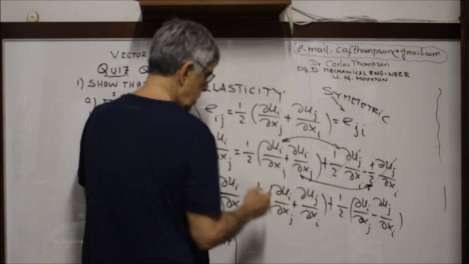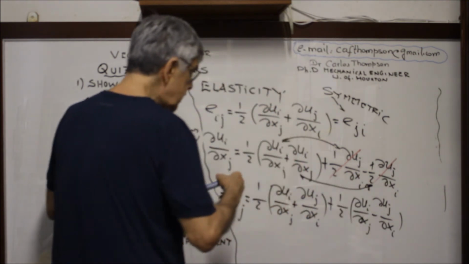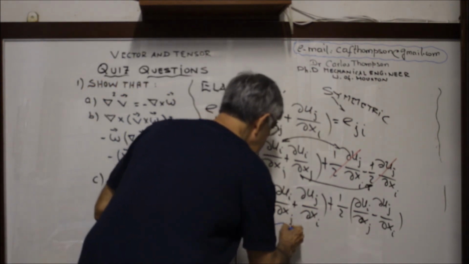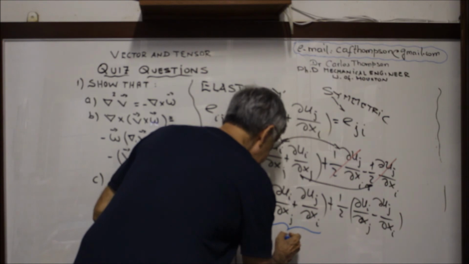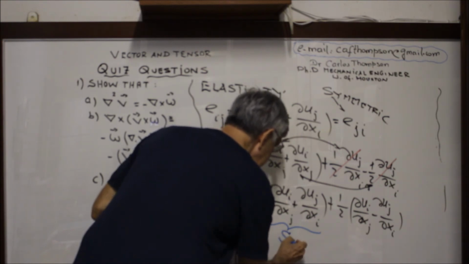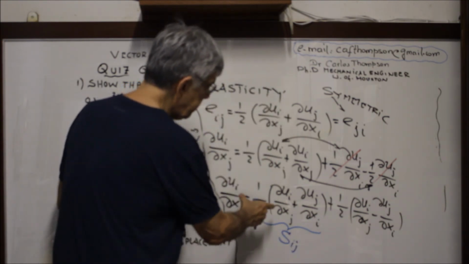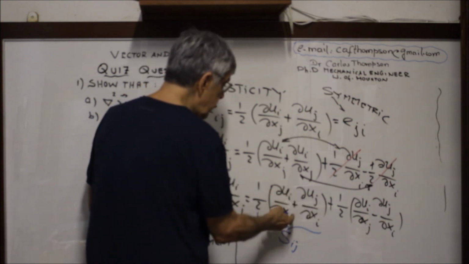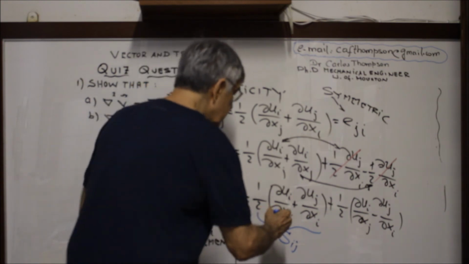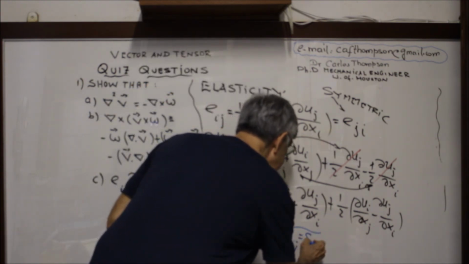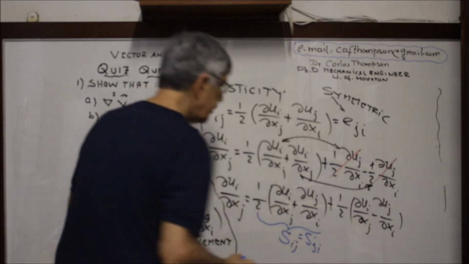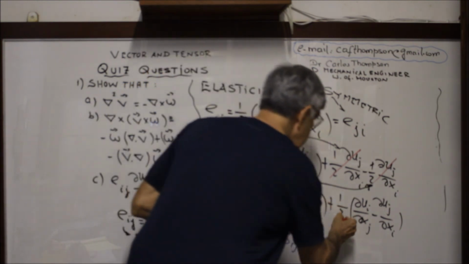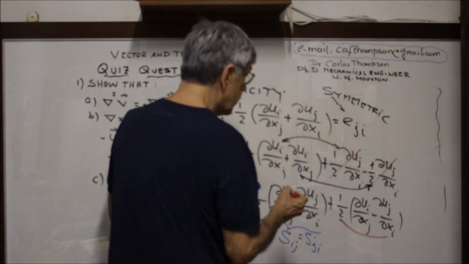Okay, the same. Now we can see here that this is the symmetric Sij. Why? Because if I exchange i and j, this term will be the same. So this is equal to Sji. Now this here is a skew-symmetric.